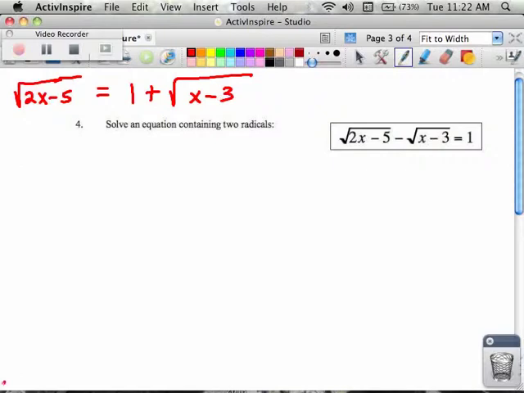Questions so far? What next? Square. So I square both sides.